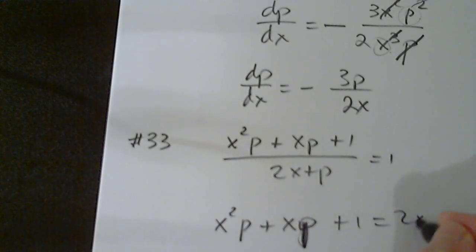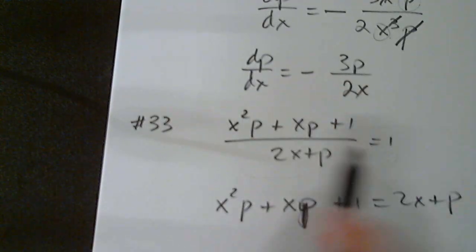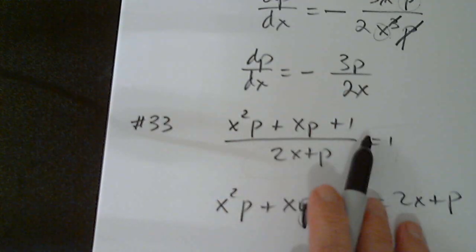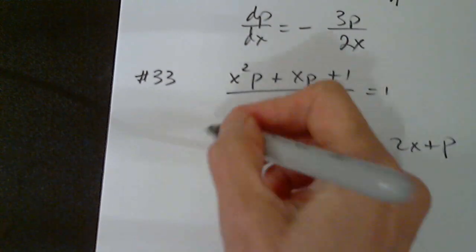When you cross multiply, x squared p plus xp plus 1 equals 2x plus p. Now, I know what they want, but let's double check. Yes, they want us to find dp over dx. Excellent. Good.